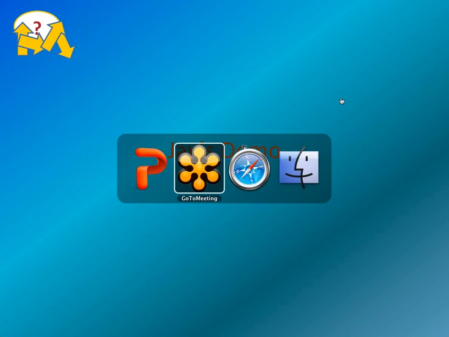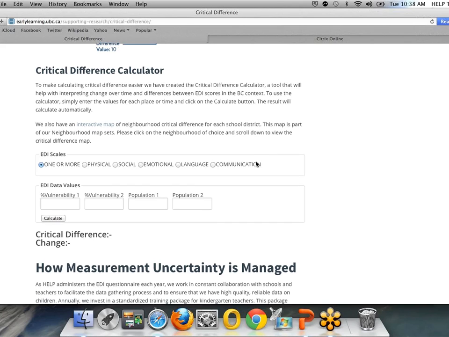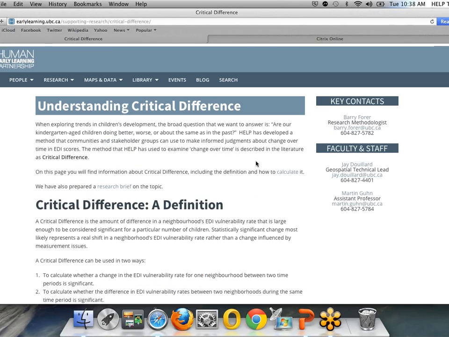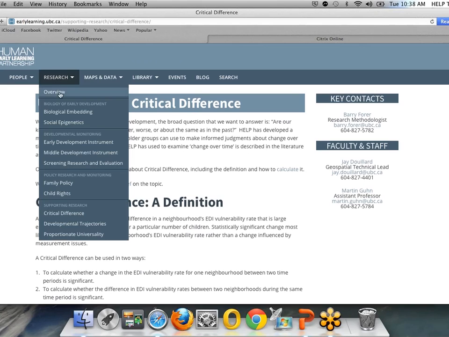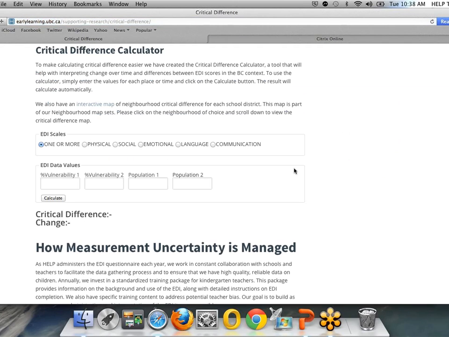Hello, everyone. So bear with me for a second as we try and switch from PowerPoint, and we have successfully done that. So this is our new tool, and you can find this by going under Research, and then critical difference. Then you can click right here to calculator.